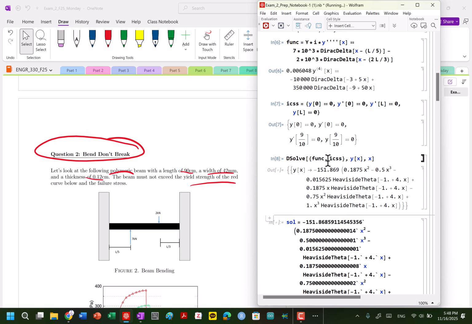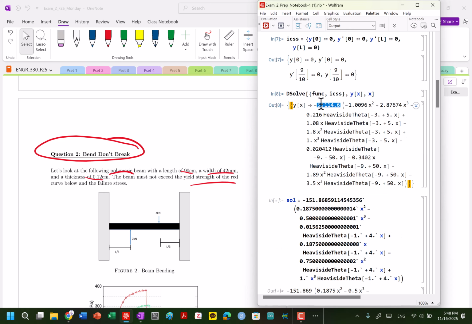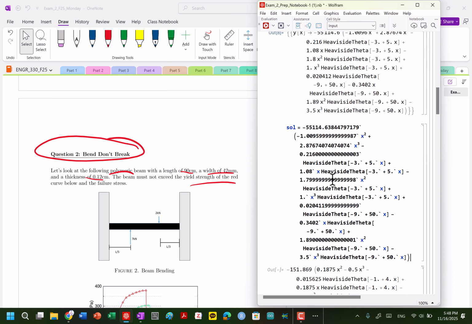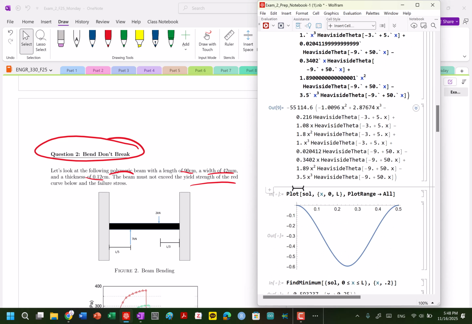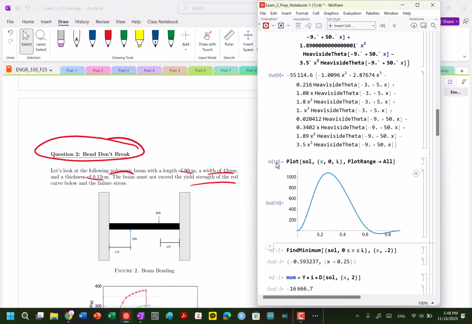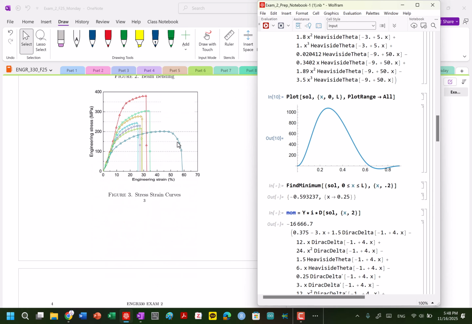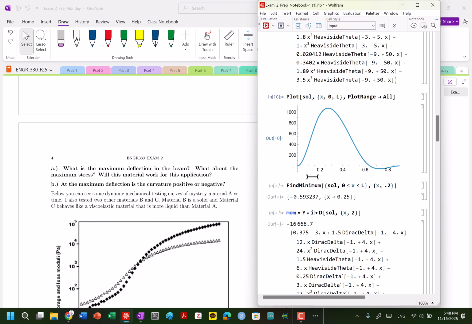So let's do DSolve here. We've got our values over here. Let's plot our function. All right, so that's our plot. We can also find the moment. So what is the maximum deflection?